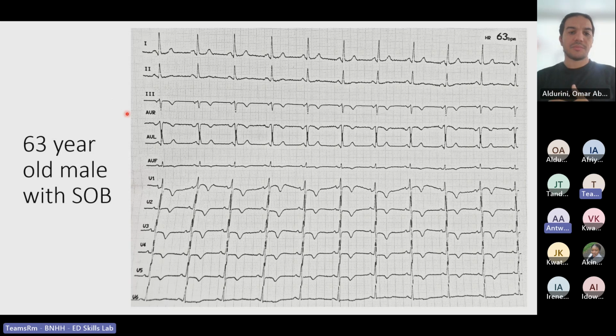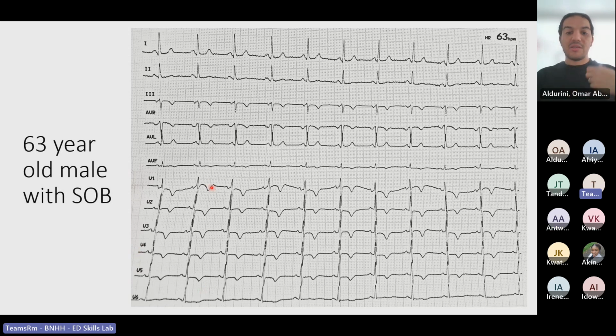So, can you see any inverted T waves? Yes, V3, V4, V5. Good. So you can see V1, V2, V3, V4, V5. So all the chest leads are showing T wave inversion.